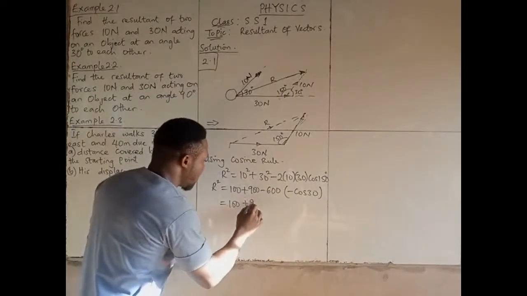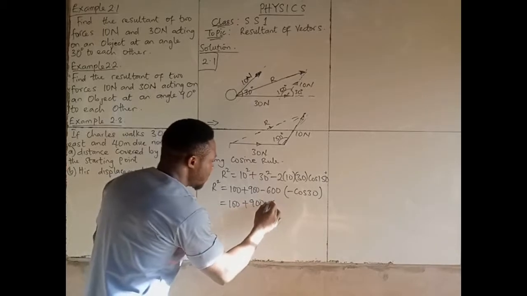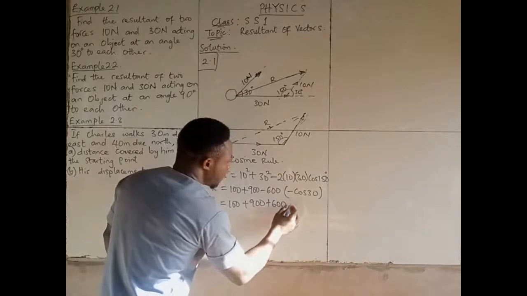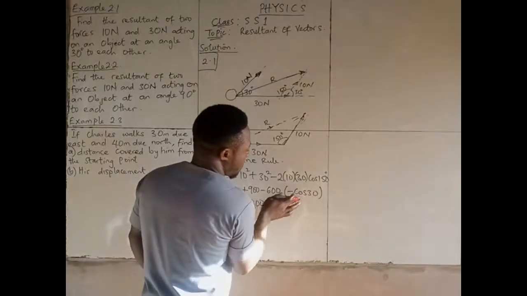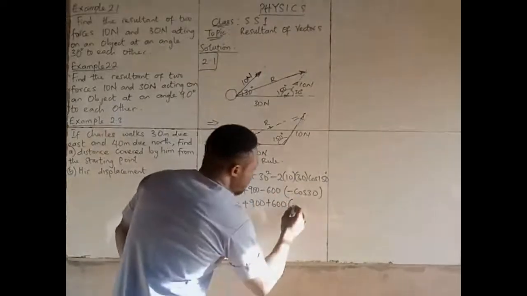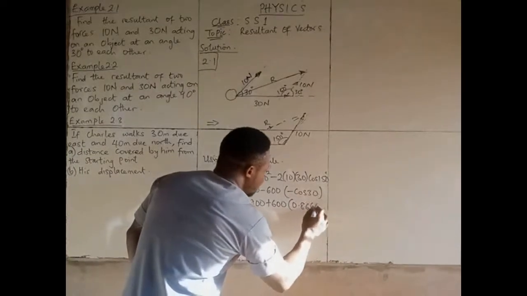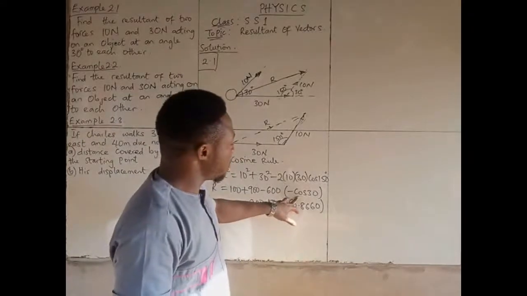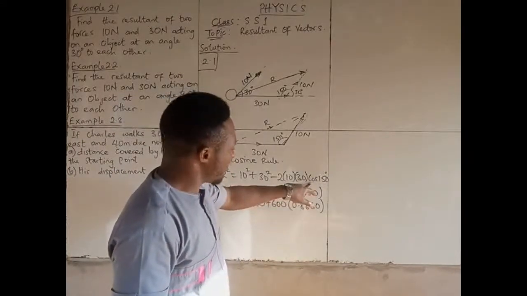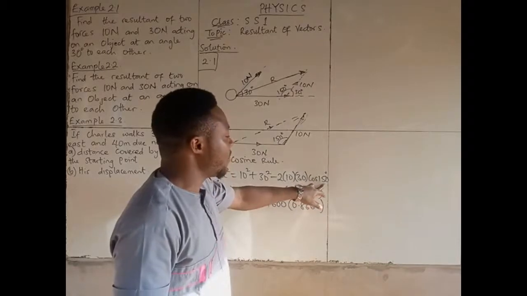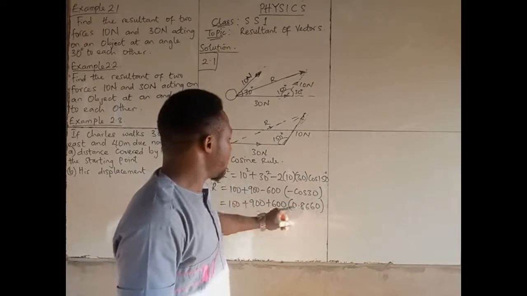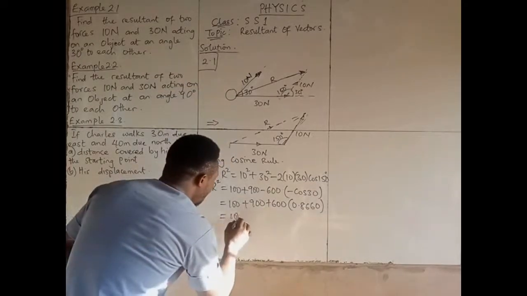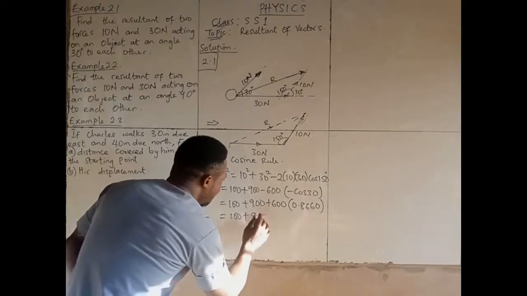That is 100 plus 900 minus, minus times minus will give you plus 600 into cos 30, which is 0.8660. If you cannot remember all your trigonometry identities, you can just press your calculator and find cos 150. It will give you the negative of this value, and that negative will affect the negative we have here to have positive.